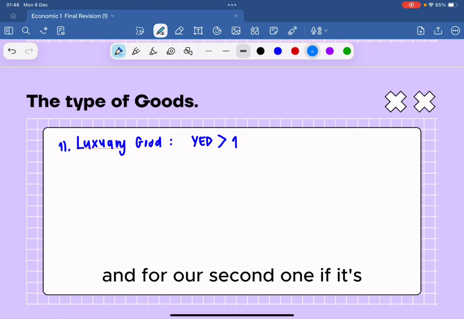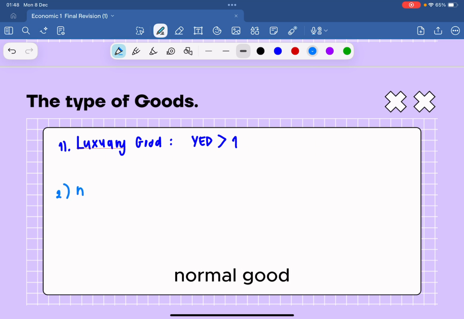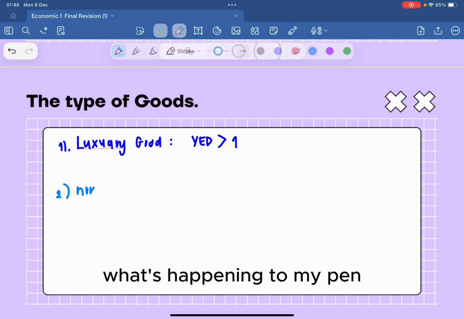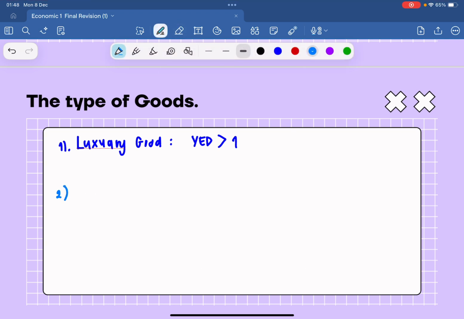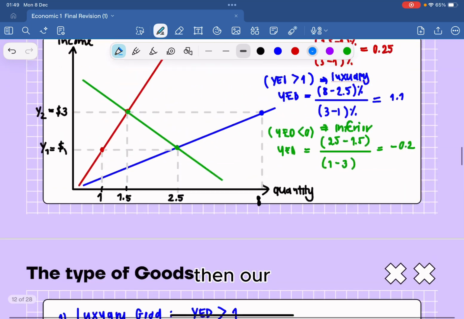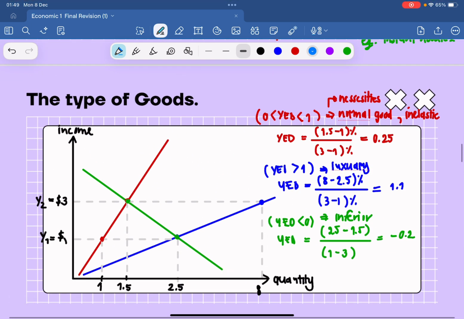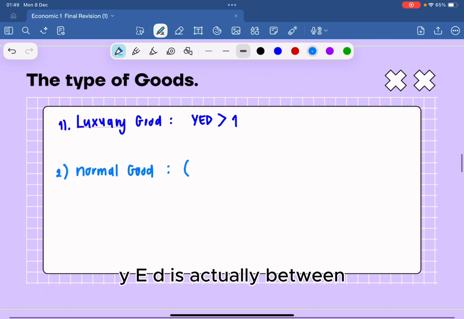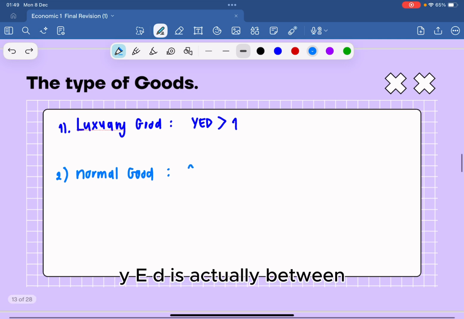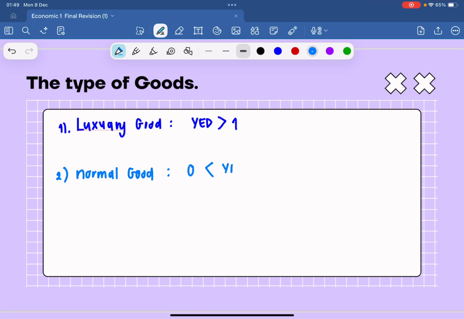And for our second one, if it's normal good, then our YED is actually between 0 and 1.